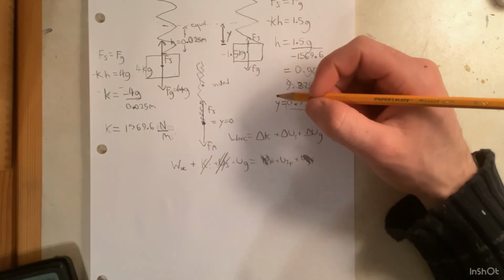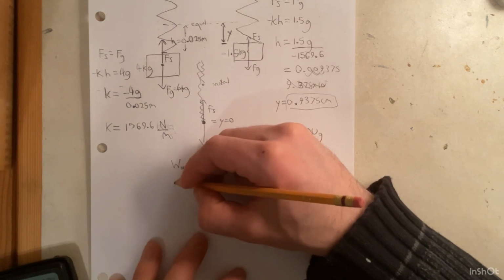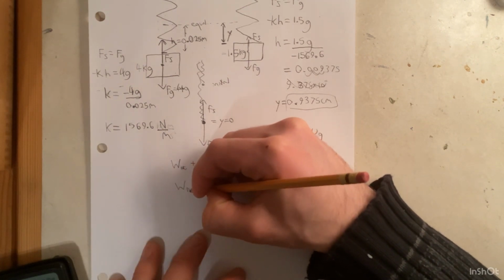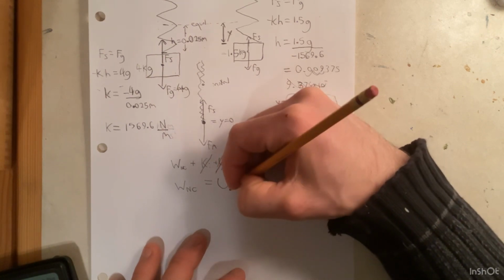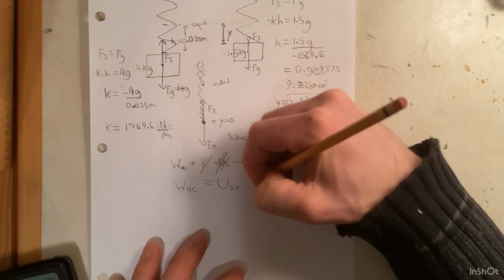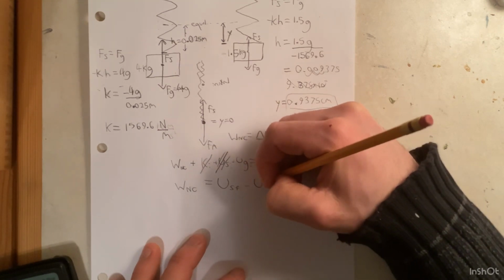So let's solve for the work the external agent must do. It's going to be equal to the final potential energy of the spring minus the initial UG.